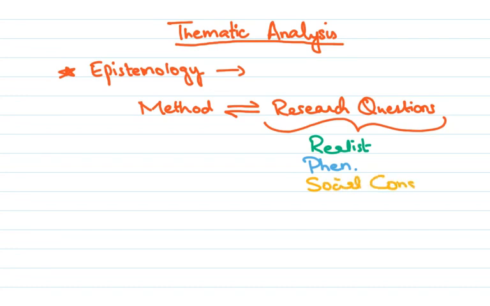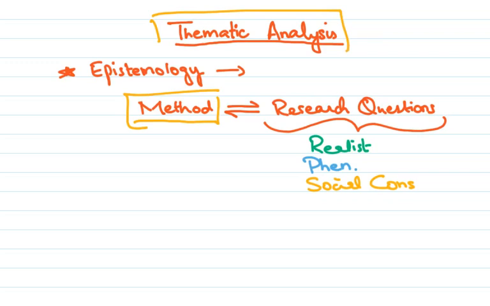Whatever the epistemology that your research question set out with, your method needs to be consistent with that kind of epistemology. So when we have a method such as thematic analysis, what exactly are the epistemological assumptions behind the method? That is something that we need to ask ourselves whenever we are looking at a new method.